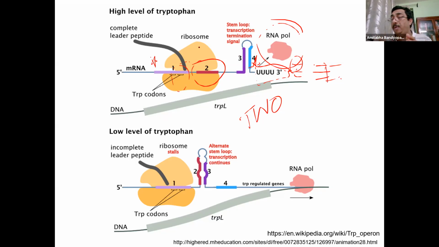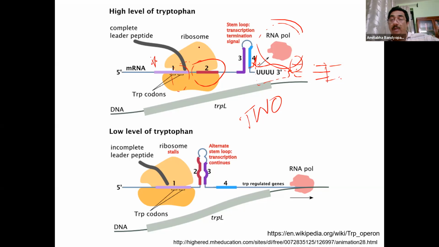So RNA polymerase moves first, and because we are talking about bacteria, where co-transcriptional translation happens, meaning translation starts even before RNA synthesis is complete. In eukaryotes, you cannot have it because transcription happens in the nucleus, translation happens in the cytosol.